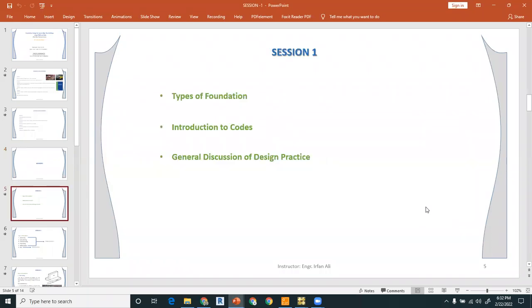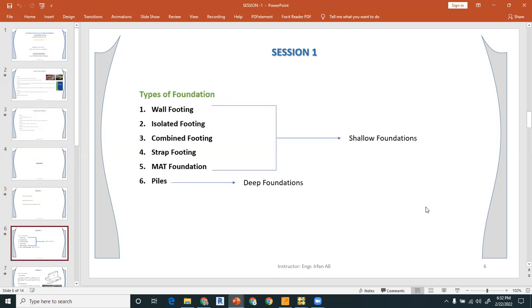In this session, we will be discussing the types of foundations, a brief introduction to different codes, and a general discussion of design practice. This general discussion will happen time to time in each and every session. Overall there are two types of foundations: shallow foundations and deep foundations. There are many other types, but I have written those which will be covered in this course.